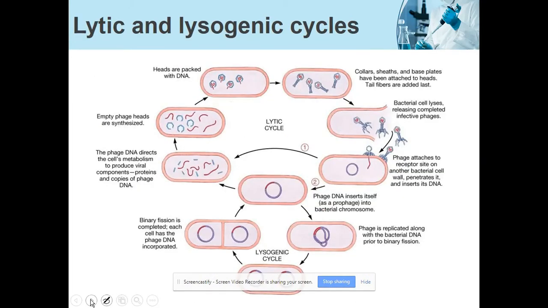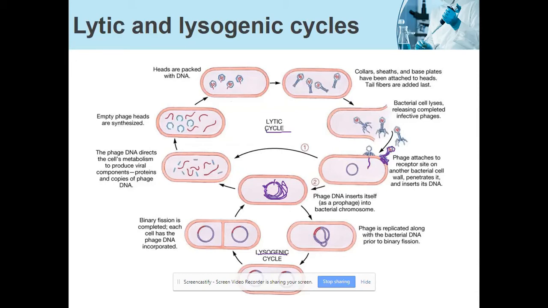So, a quick look at these viral life cycles: lytic cycle versus lysogenic cycle. Both of them start with the virus binding to receptors on the cell and injecting DNA into the cell. That DNA is then incorporated into the host cell's DNA. In this example it's a bacteria, but the same thing works with human cells as well.